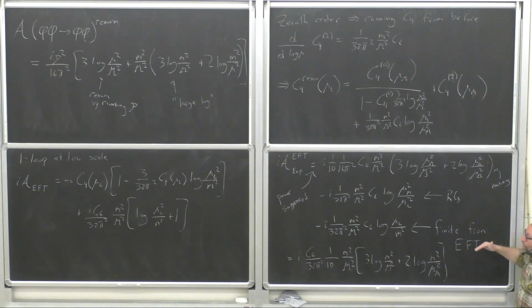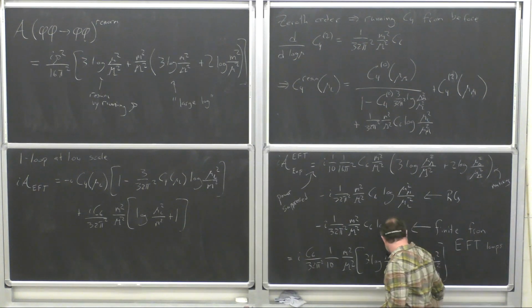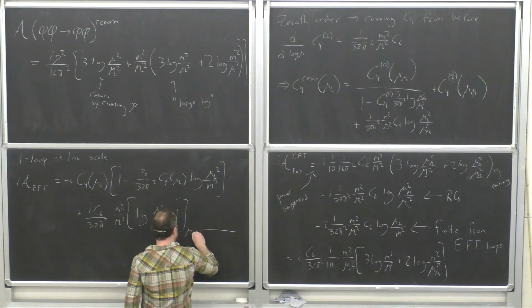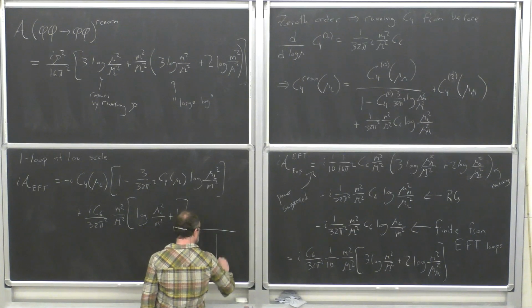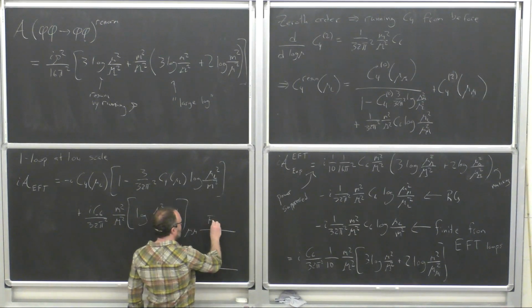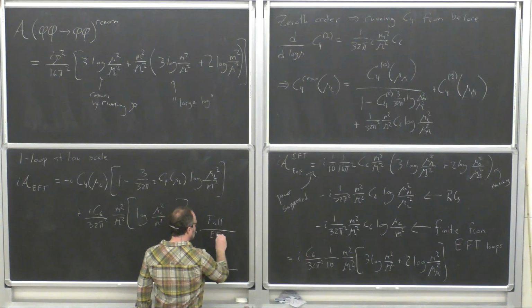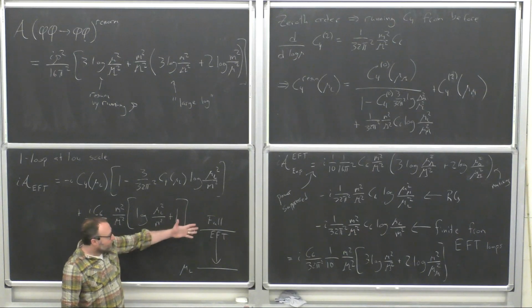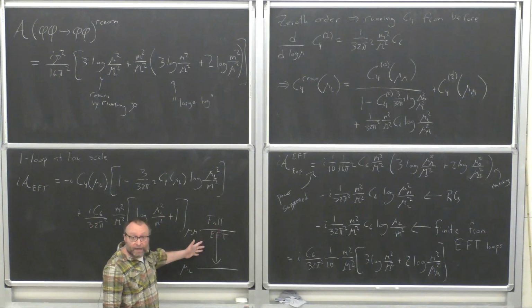Okay? So when we draw these pictures, right? Mu match, mu low, full theory, EFT. This is the manifestation of what we mean by this picture.